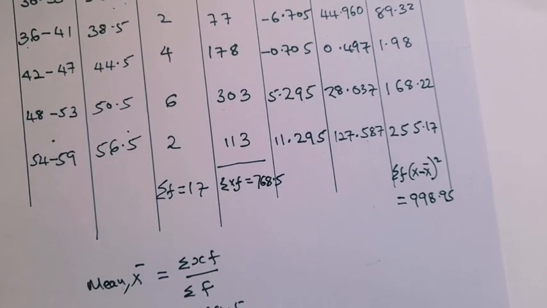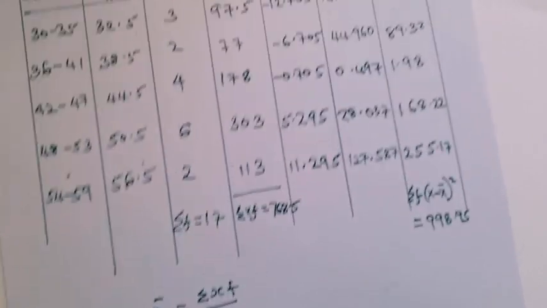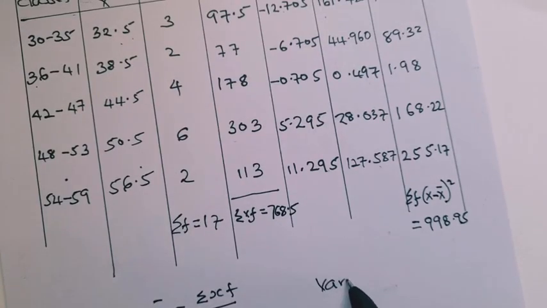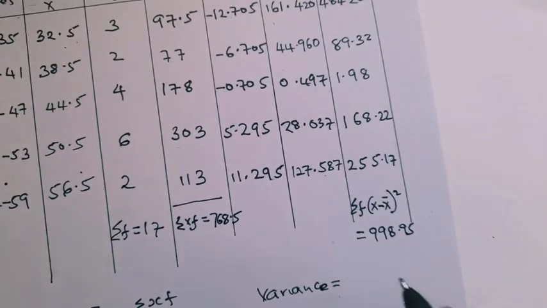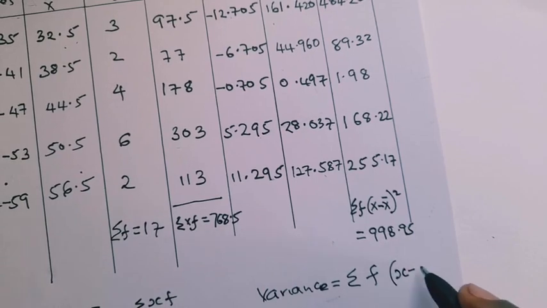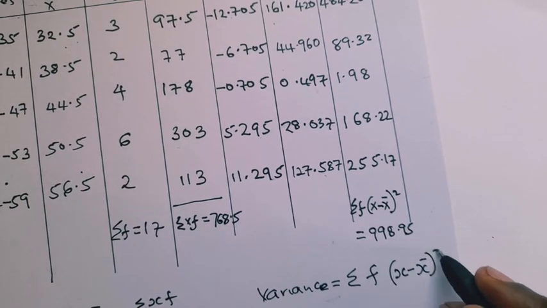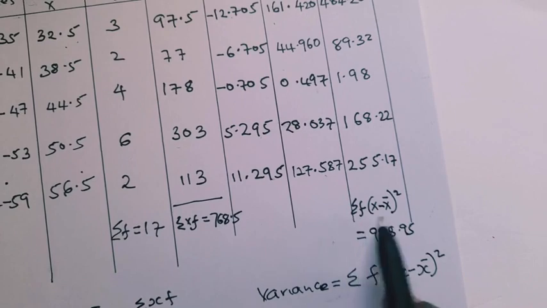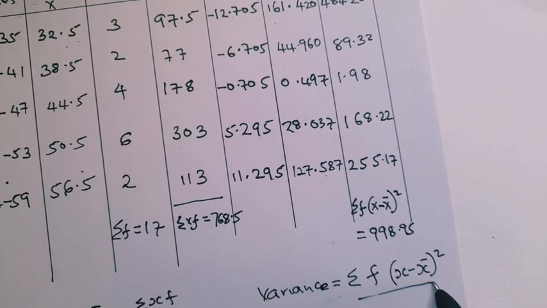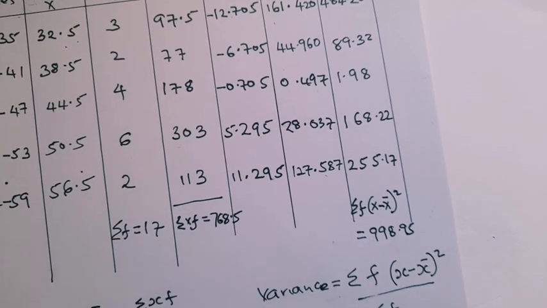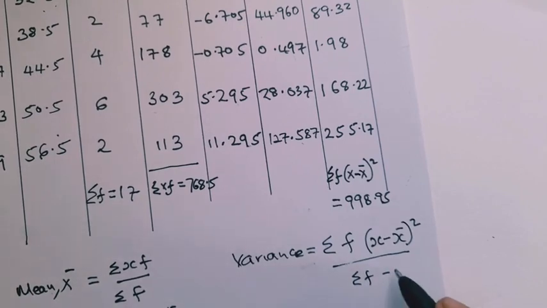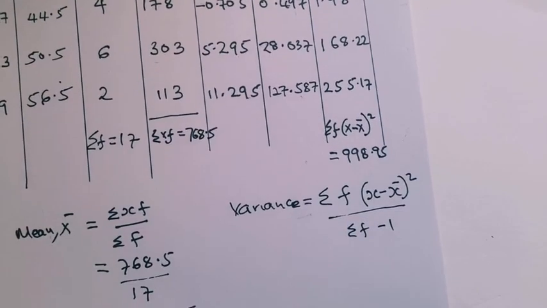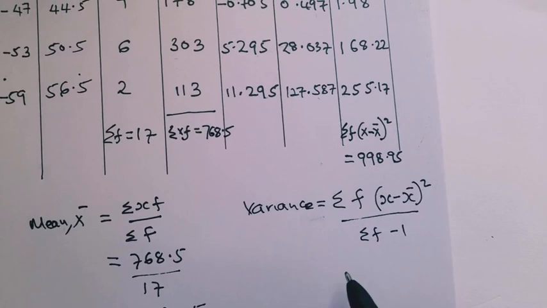Now next we are going to calculate the variance. Variance is given by the following formula. It is given by summation of f into brackets x minus x bar squared, what we have calculated here, divided by summation of f minus 1, the total frequency minus 1. So we just substitute.